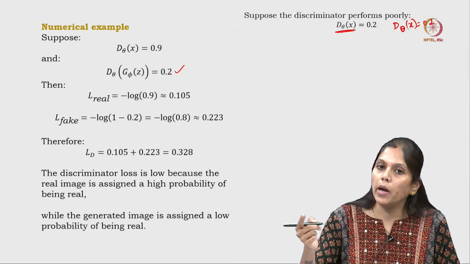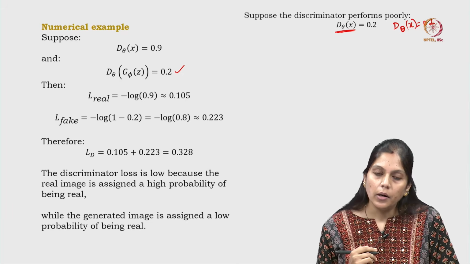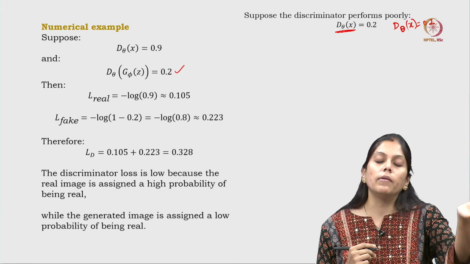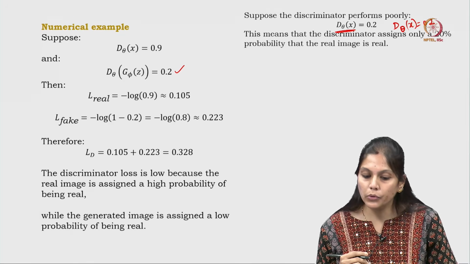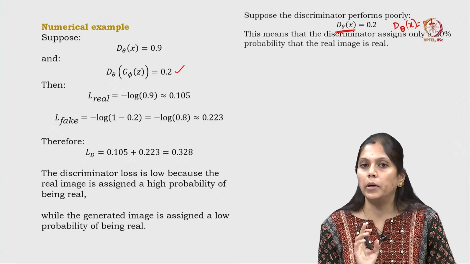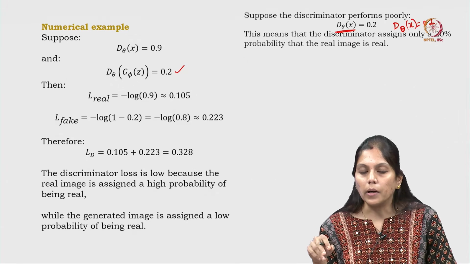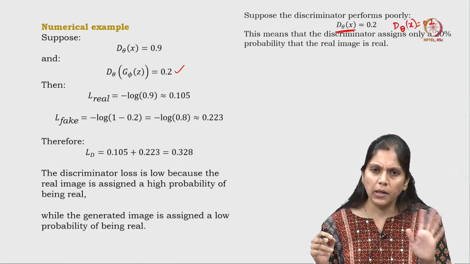If the prediction made on a real image is low, what is the meaning of it? For a real image, the model is giving a low prediction, which means the discriminator is not doing well. This means the discriminator assigns only 20% probability that the real image is real. For a real image it has to give more probability, but it has given less.